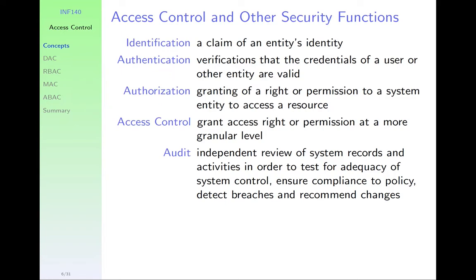With these two steps, authorization then grants some permission to an entity to access some resource. Access control you can interpret as the process or implementation of authorization. How this authorization is implemented is based on some access models.